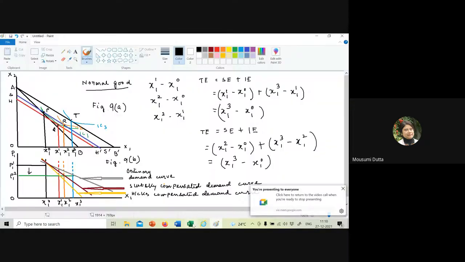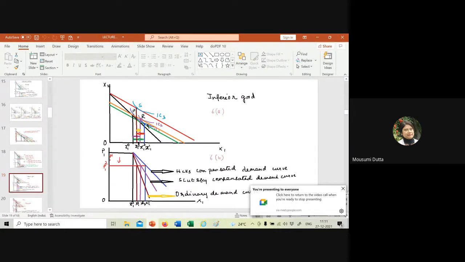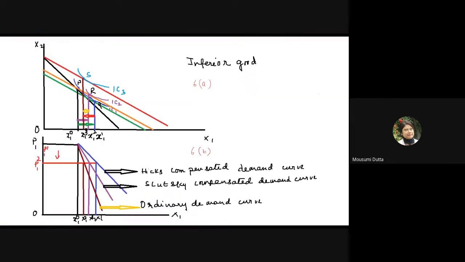Could you understand the matter for the inferior commodities? Look, we will draw the diagram. Look what is happening here. First of all, the income effect and substitution effect will move in opposite directions. So again, we will consider a reduction in the relative price of X1. This black line will be the budget line given by AB, and this red one will be the rotated, final budget line AB prime.